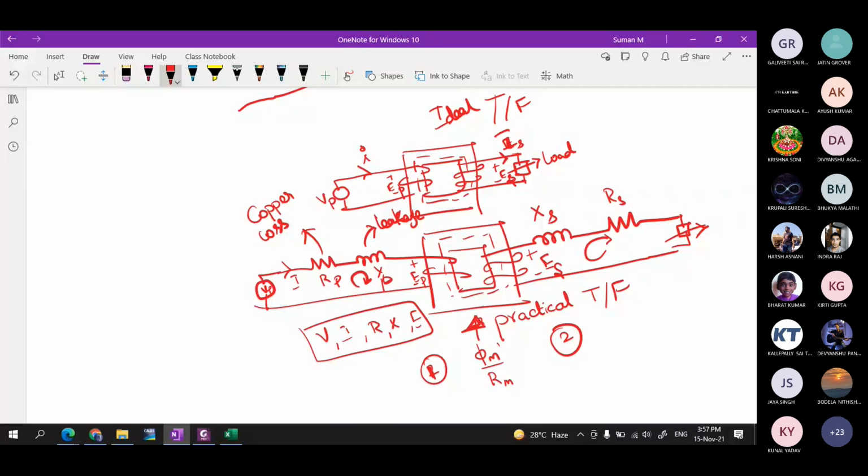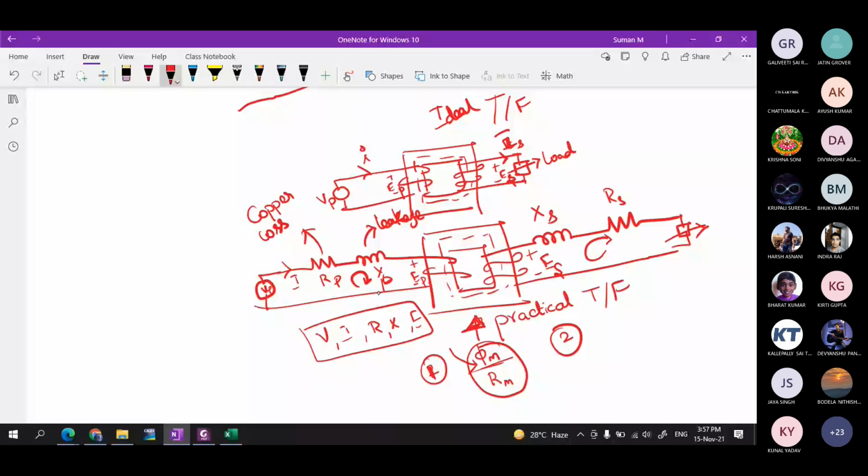First, the mutual flux links both primary and secondary; to represent that, we include the term phi m. Other than that, there is a loss happening within the core, which should also be represented. That is the two things.